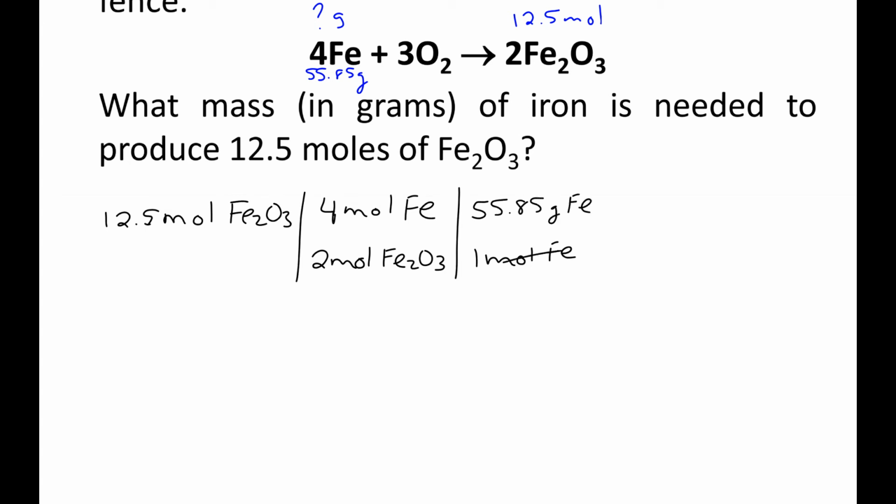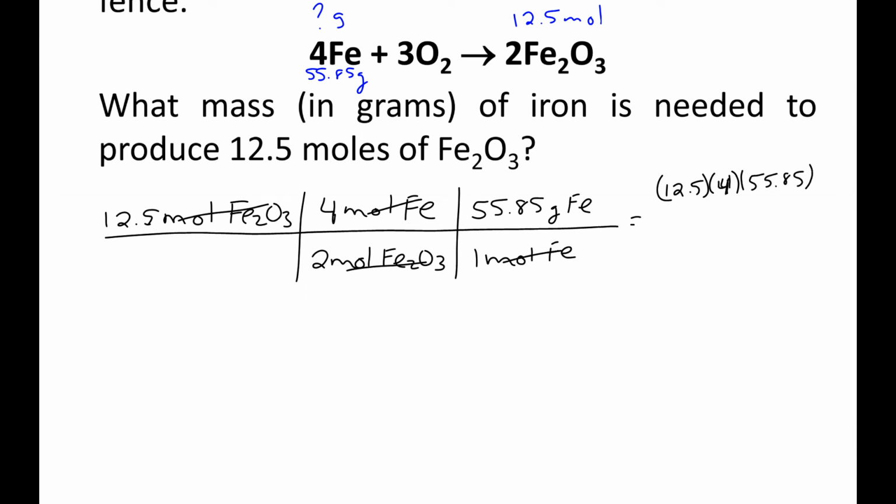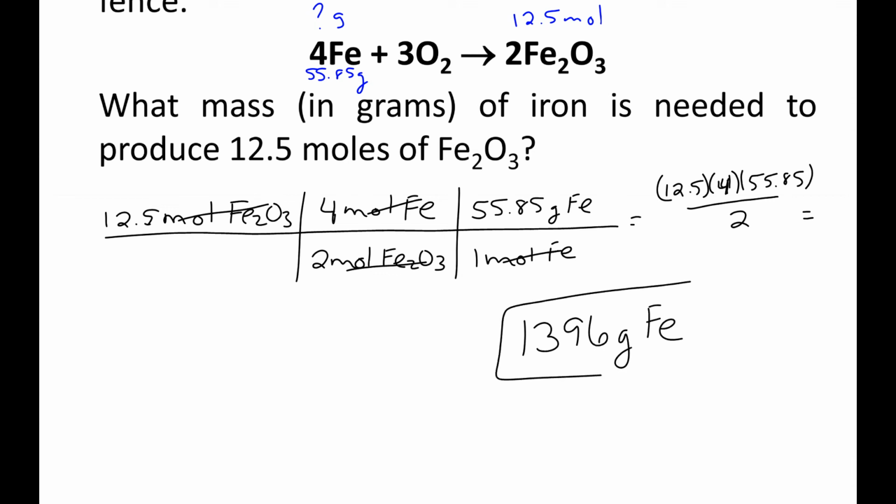So everything cancels, and I'm going to put my line here. So now I have 12.5 times 4 times 55.85 divided by 2, and when you do the math, it comes out to be 1396 grams of Fe. Same number. To me, this is easier because it's putting the 2 steps into one picket fence. It's a little less work. You don't have to write an intermediate step in there.